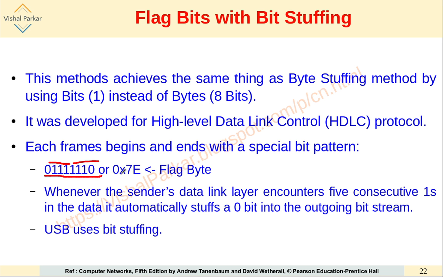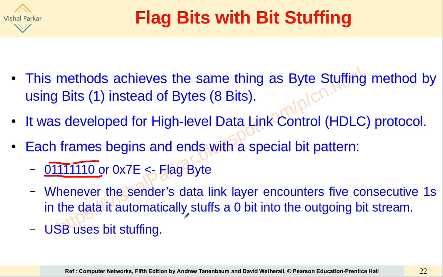To prevent this from happening, whenever any frame contains 5 consecutive ones, the sender does not check what the next bit is. It simply stuffs, or includes, one additional 0 after 5 consecutive ones.